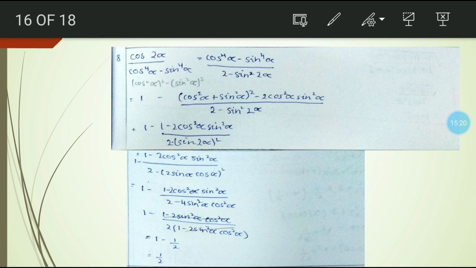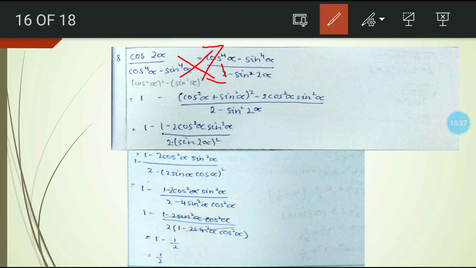Now the 8th question, if we see, it's very lengthy, little complicated but little easy. If we see here, we should just cross multiply.